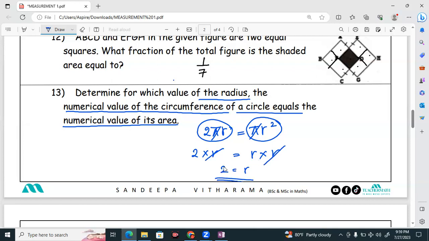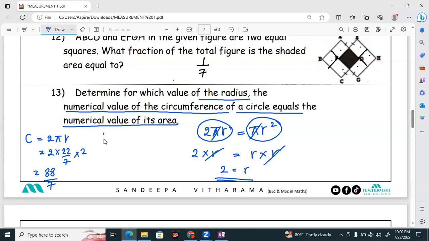If r is equal to 2, then the numerical value of the circumference of a circle equals the numerical value of its area. Let's see whether it is correct. C is equal to 2πr. Then 2 into 22 upon 7 into r, which is 2, gives 88 upon 7.